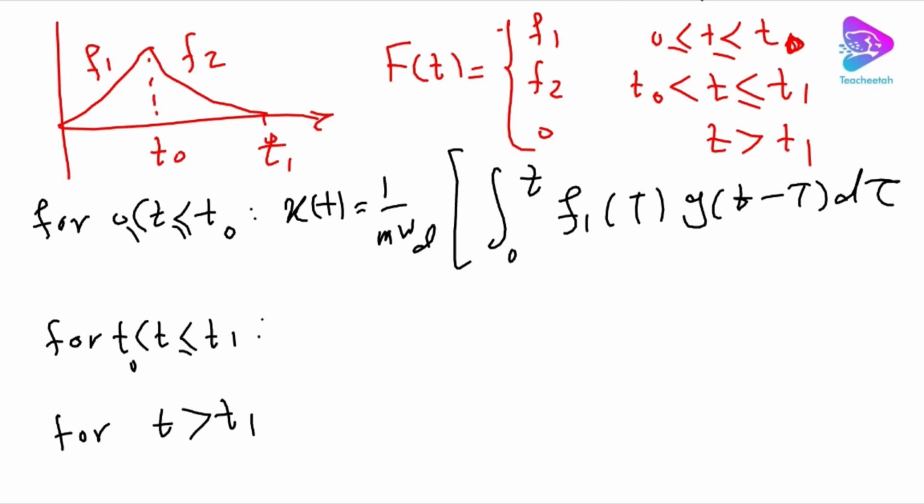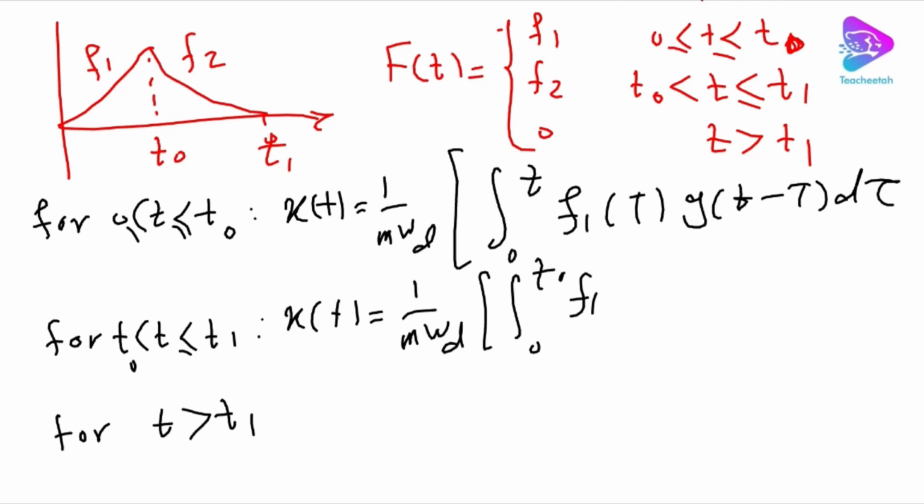For the second case, x(t) has 2 components: 1 over m omega d, from 0 to t naught f1 g(t minus tau), plus from t naught to t f2 g.